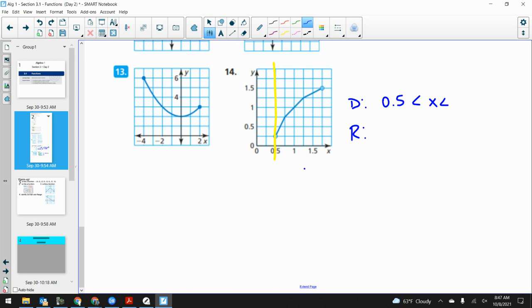And then it goes all the way to, well, there's two tricky pieces to this one. The first tricky piece is, what is each box? Is each box 1 unit? No. Look, I got 4 boxes for 1 unit. So each box is 0.25. So this goes from 0.5 to, well, if this is 0.25 past 1.5, that's 1.75.